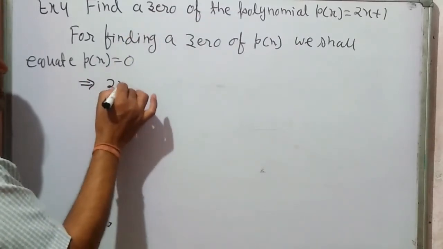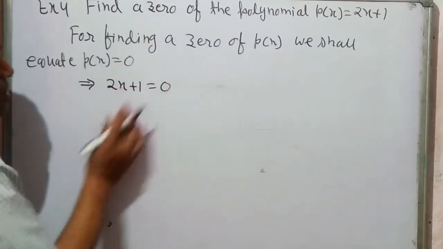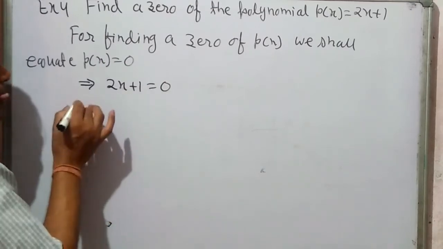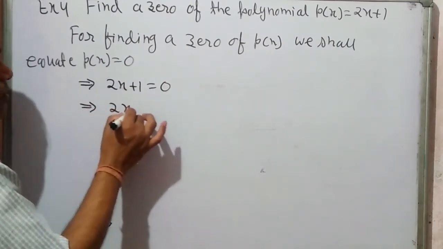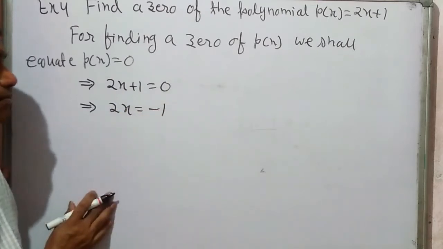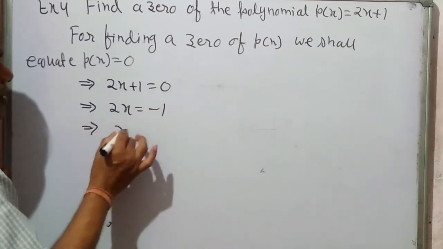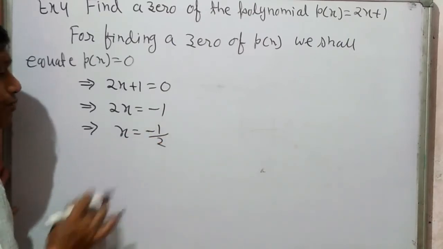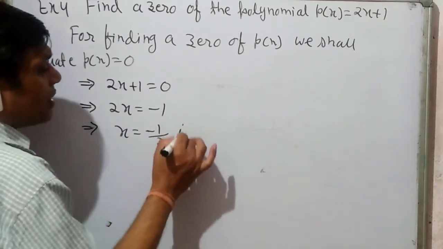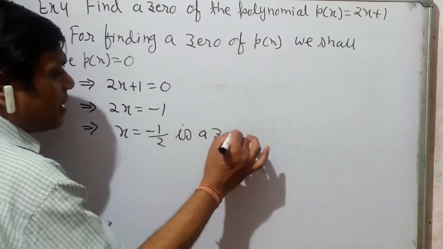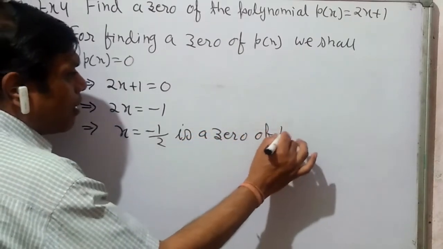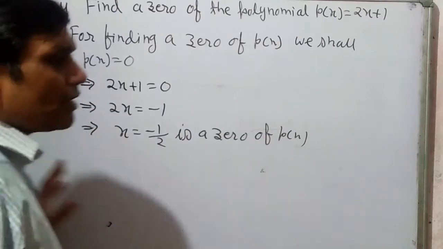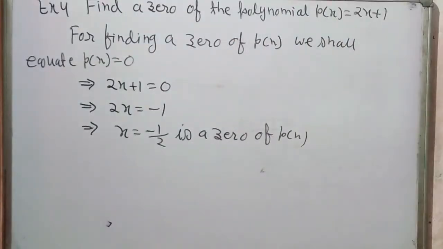So this implies twice x plus 1 is 0. This implies twice x should be minus 1. And this further implies x should be minus 1 upon 2. So x equals minus 1 upon 2 is a 0 of p(x).